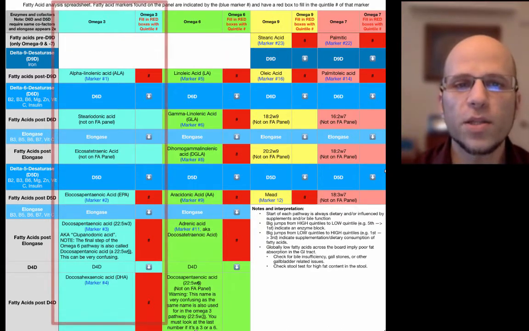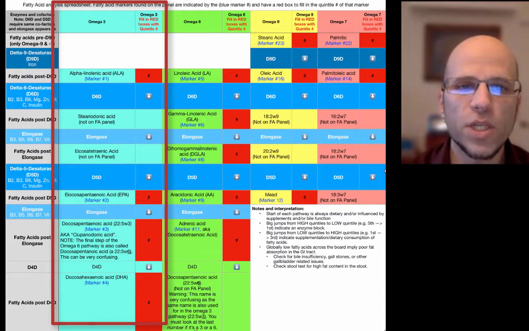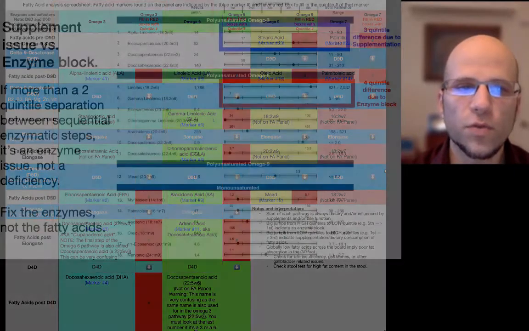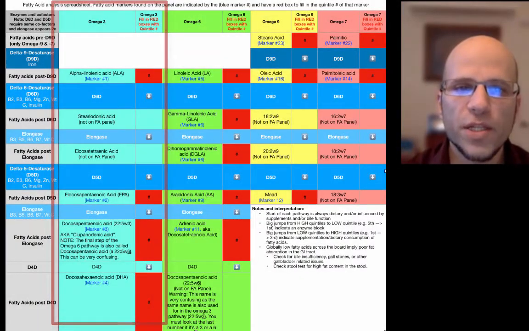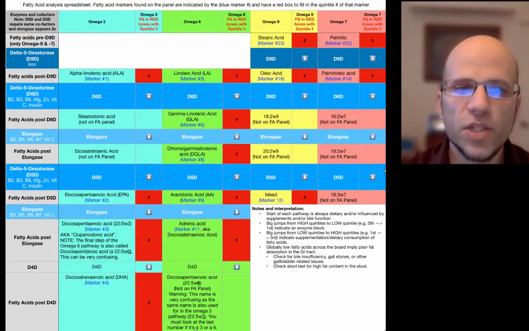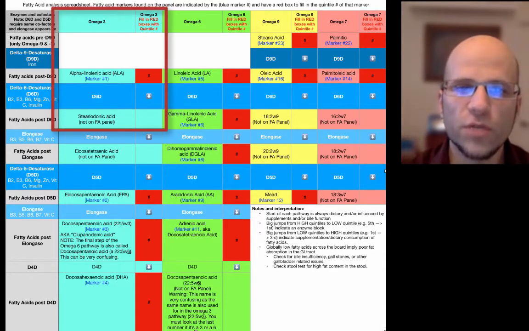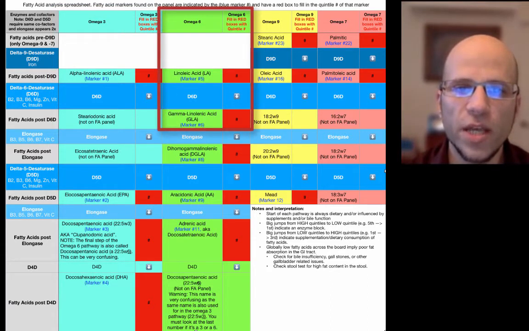So when we look at the omega-3 pathway, which is here, these first four, marker number 1 is ALA. Then there's a delta-6 desaturase, which converts it into stearidonic acid, and in the case of LA, converts it into GLA.